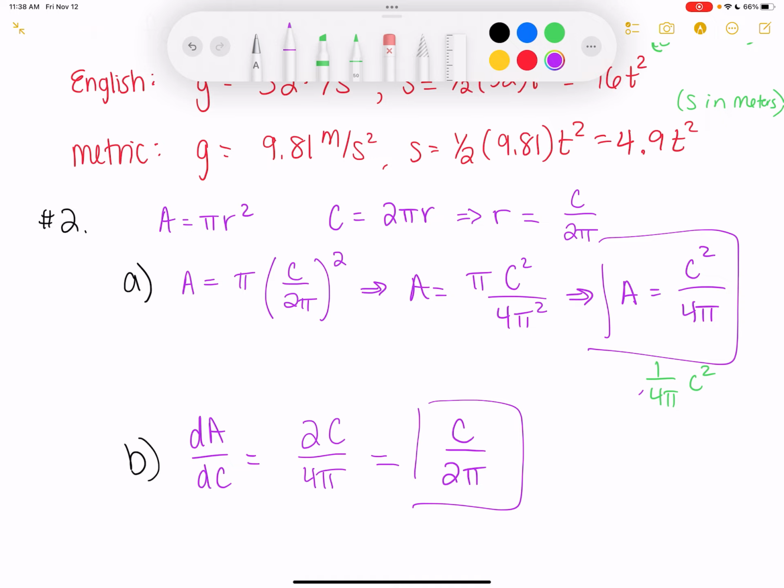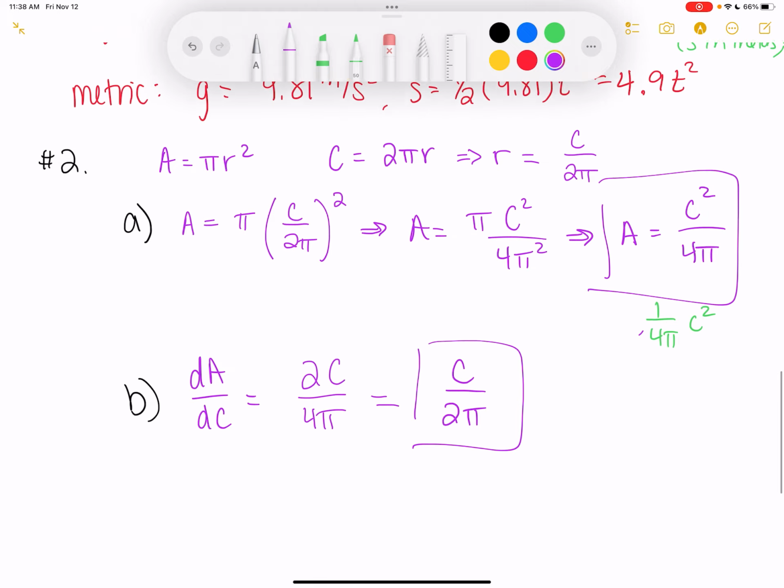So you have 2 over 4 pi times c, because you subtracted 1 from the exponent. Then you just simplify it. Pi's a number, so I treat it just like I would the number 4 or the number 10 or the number 1,000,000. Got it now, or are you still confused?